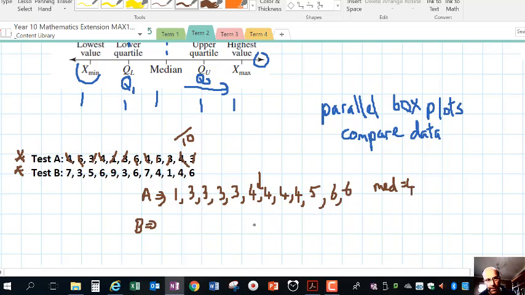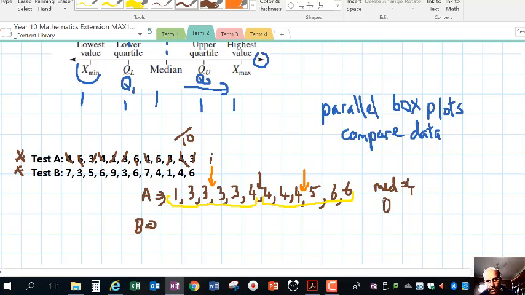So we've got our lower and upper set like we've seen previously. We've got to find the middle of the lower set, so that's there, and the middle of the upper set is there. So the lower quartile is here, and that is 3.